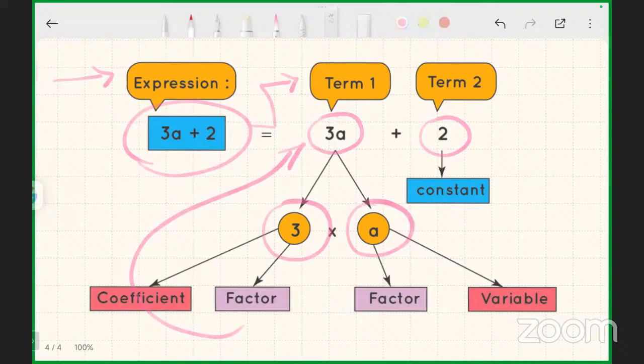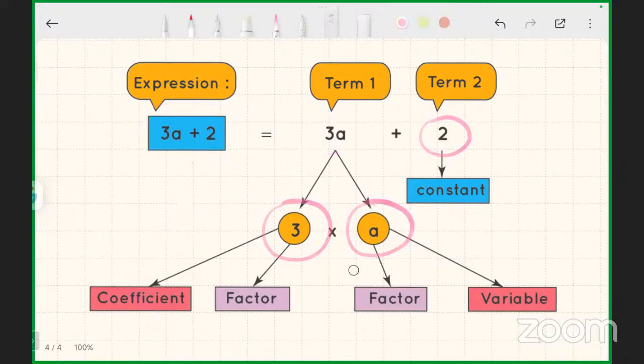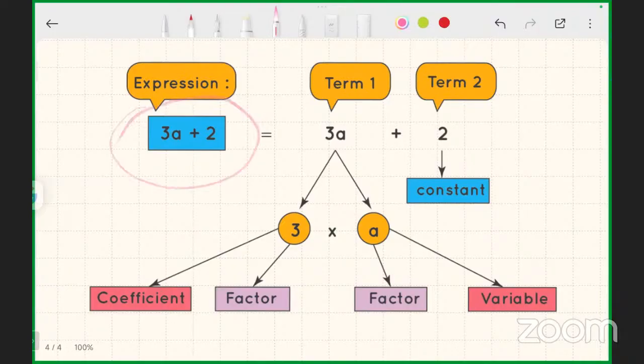So this is the whole story short, whatever we have covered on the top. Keep this in mind: for the term 3a, 3 is a factor and a is a factor. We also talked about how an algebraic expression is a combination of a constant and a variable.